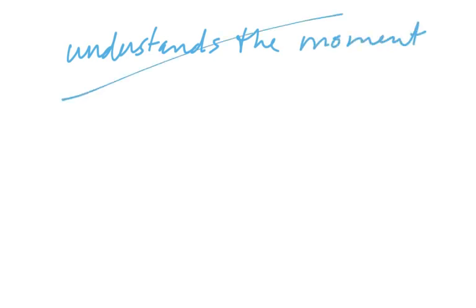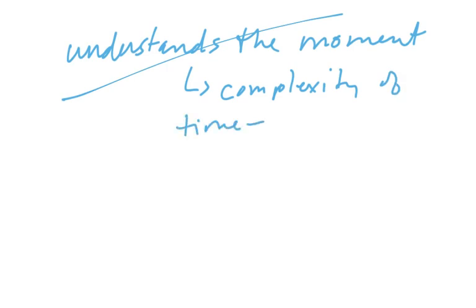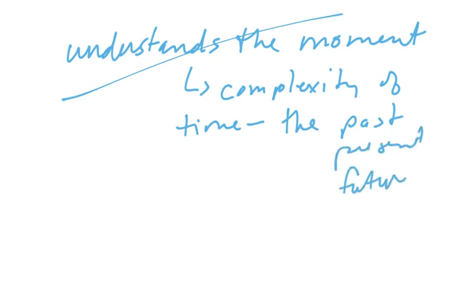This then could be factored too. Perhaps he understands the complexity of time, the past, present, and future. So again, even with L2, we're beginning to factor and move toward a closer prime form. There you go.